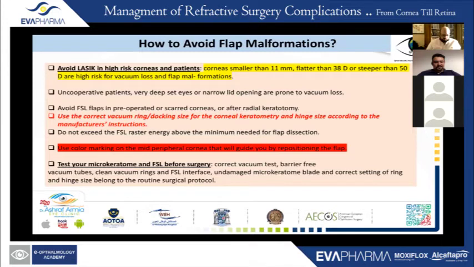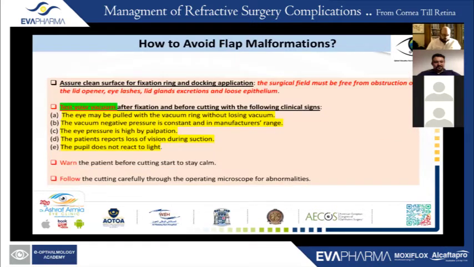Use color marking on the mid-peripheral cornea that will guide you to reposition the flap in cases of torn or free cap. Very important to assure a clear interface. Very important to check your lid opening, the eyelashes, the lid gland extension.